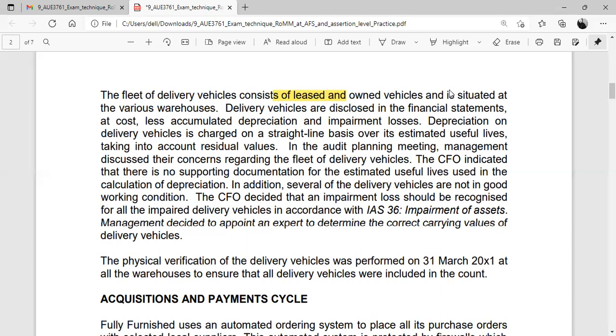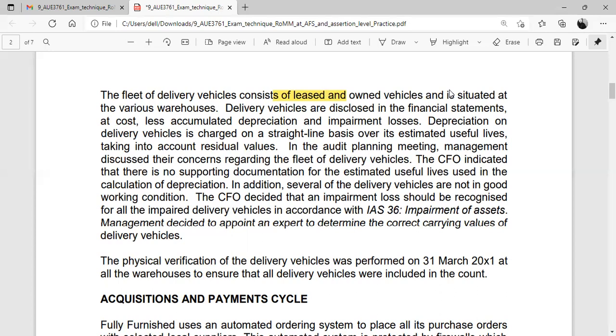Okay. The difference is that accuracy on its own is an assertion that relates to transactions, but accuracy, valuation, and allocation is an assertion that relates to account balances. So that's the difference between the two. That's why I'm asking, is it accuracy or is it accuracy, valuation, and allocation?